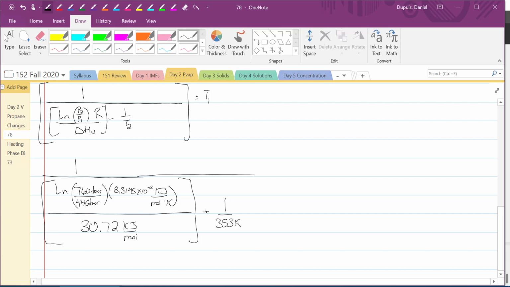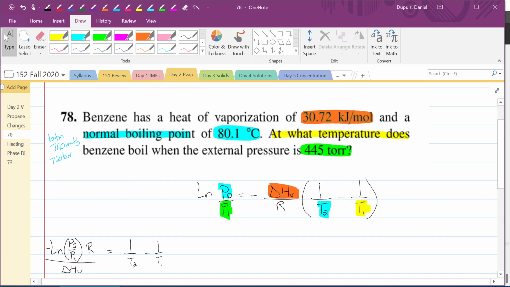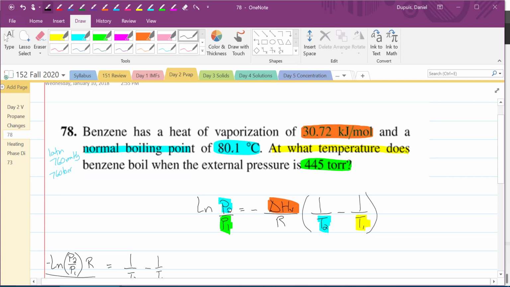Oh, we didn't change those, did we, in our problem? So 80.1, I have to add 273 to this, don't we? Right? And so 80.1 plus 273, or 273.15 if you feel inclined, I get 353.